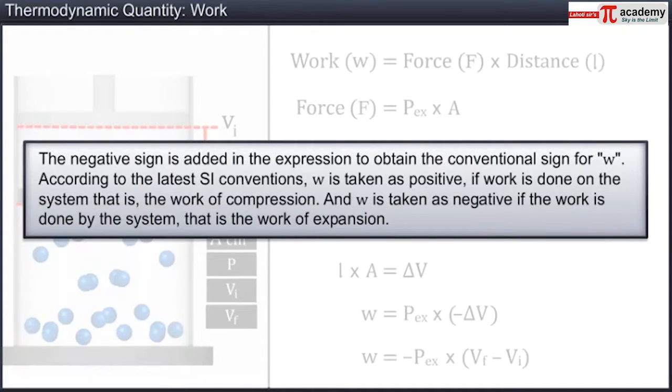According to the latest SI conventions, W is taken as positive if work is done on the system, that is, the work of compression, and W is taken as negative if the work is done by the system, that is, the work of expansion.